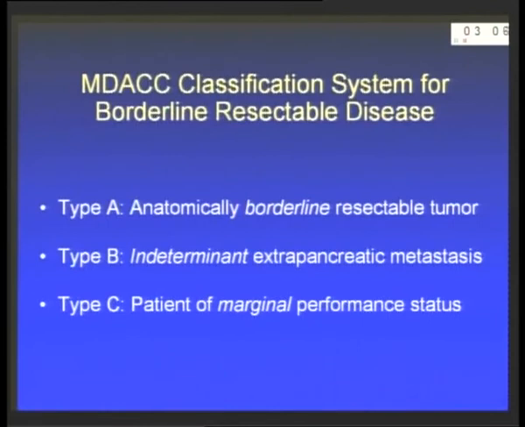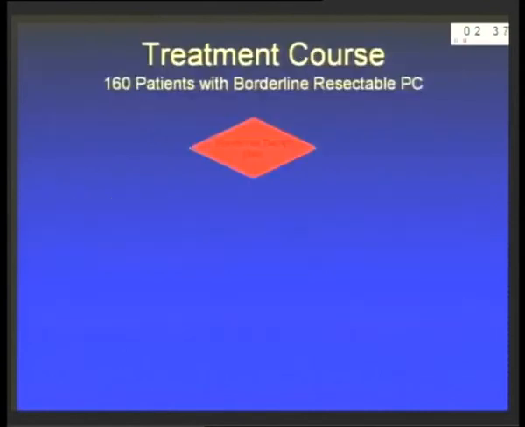And then there's the type C patient who has a marginal performance status. That's the type of patient whom you look at in the clinic, and you're really uncomfortable about whether that patient can undergo this operation. In those patients, this type of treatment approach serves, in essence, as an oncologic stress test. If they can get through chemotherapy and chemoradiation treatment, they can probably undergo a Whipple procedure.